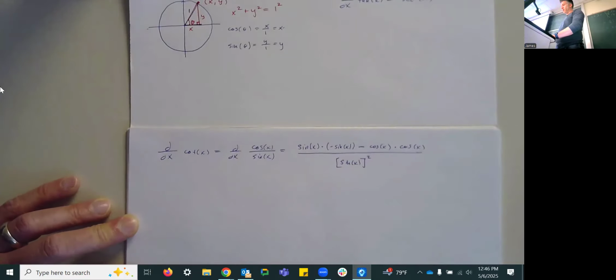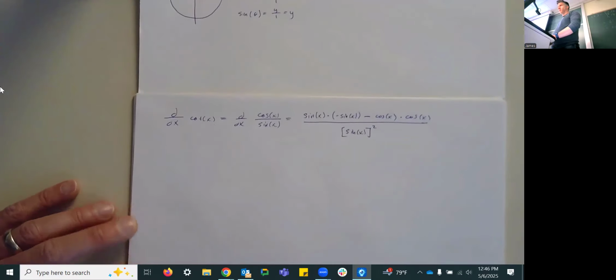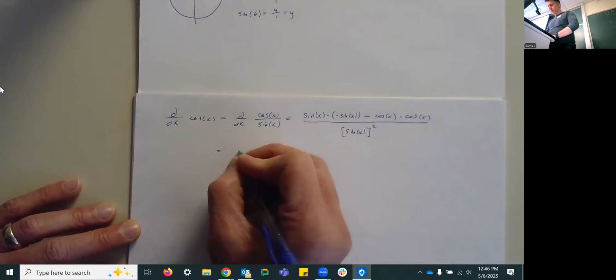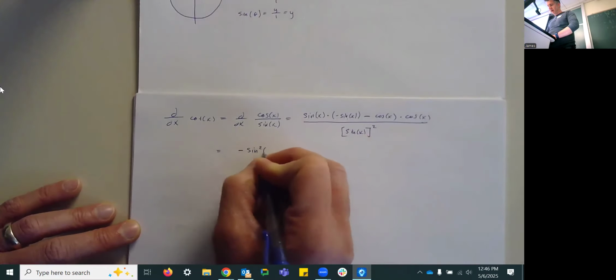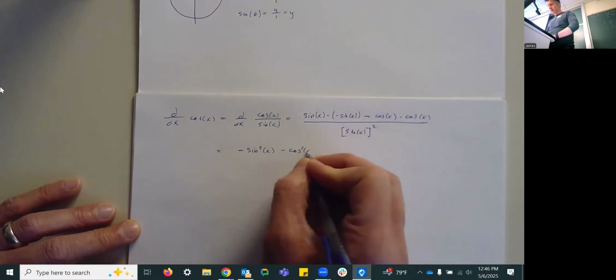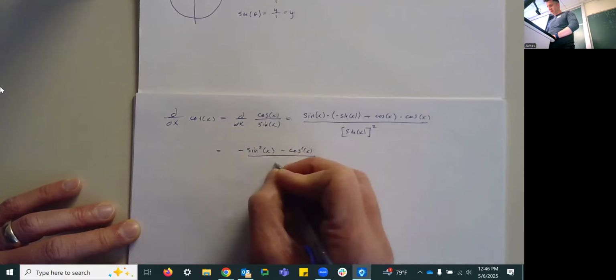And looking at this, we have almost the trig identity again. If we multiply it out and simplify, sine times negative sine is going to be negative sine squared of x. And negative cosine times cosine is negative cosine squared of x. And in the denominator, we have sine squared of x.